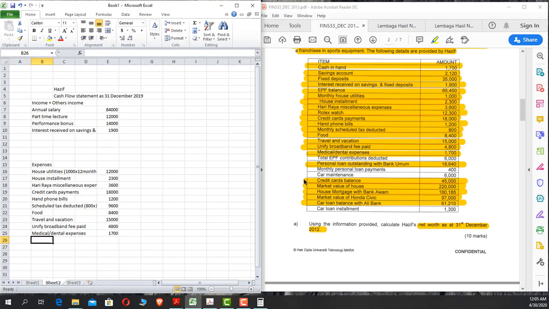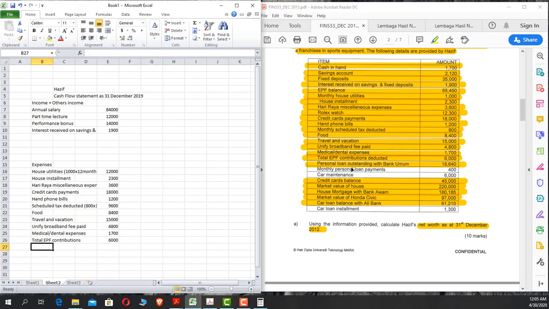And total EPF contribution deducted. Yang ni pun sama ada awak nak tolak dengan annual salary untuk take home pay ataupun just proceed kat sebagai expenses lah kat bawah. Total EPF contribution RM6,000.